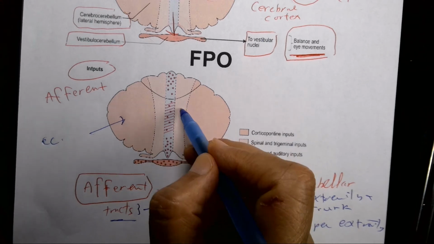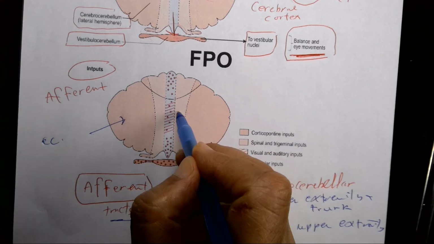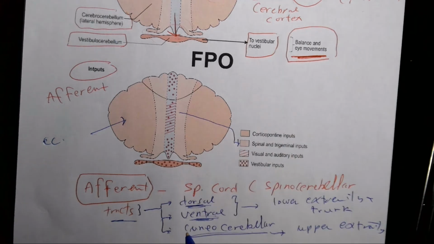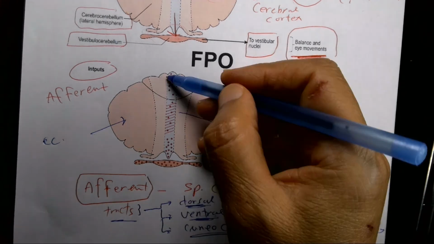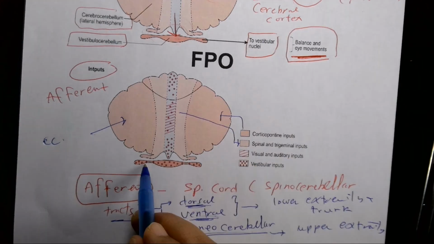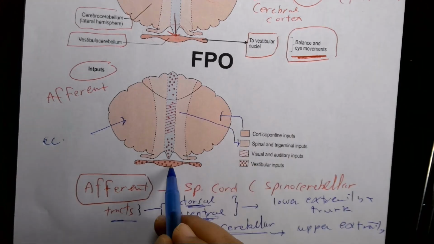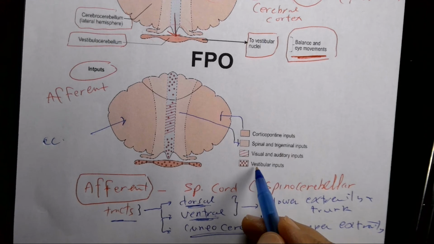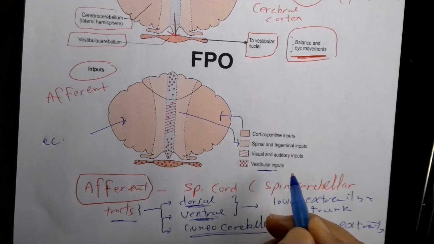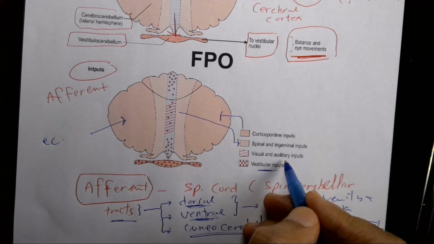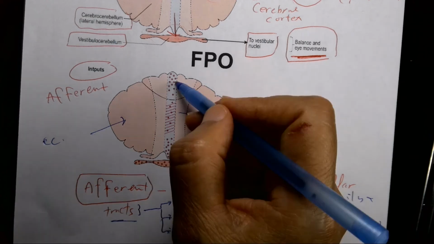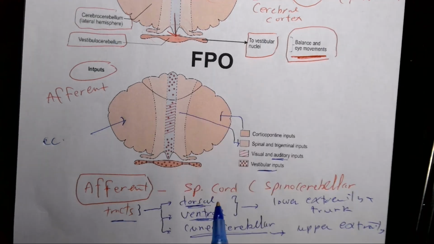This is the one. And the cortico, this is the one, the lateral. Then the fastigial part and the folliculonodular loop is communicating more or receives input from the vestibular and visual and auditory input. Vestibular and again visual and auditory input.